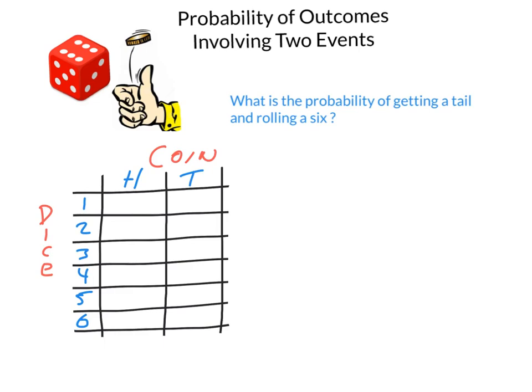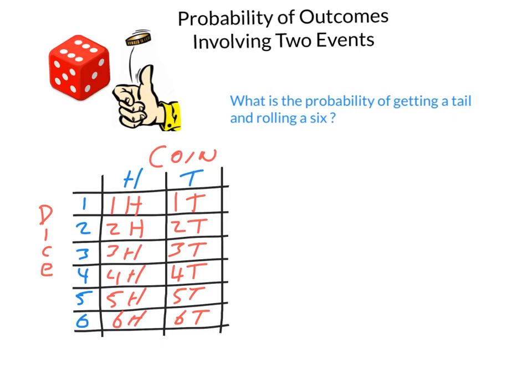So we could have a 1 on the dice and a head on the coin, or a 1 on the dice and a tail on the coin, a 2 and a head, or a 2 and a tail, a 3 and a head, a 3 and a tail, a 4 and a head, a 4 and a tail, a 5 and a head, 5 and a tail, or a 6 and a head, and a 6 and a tail.